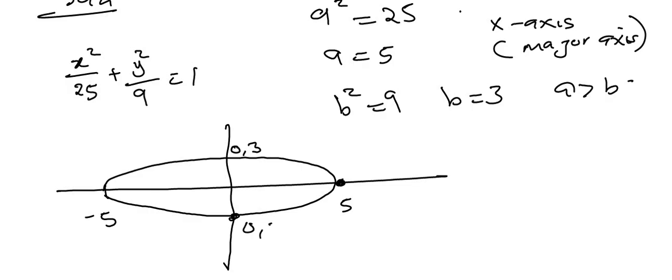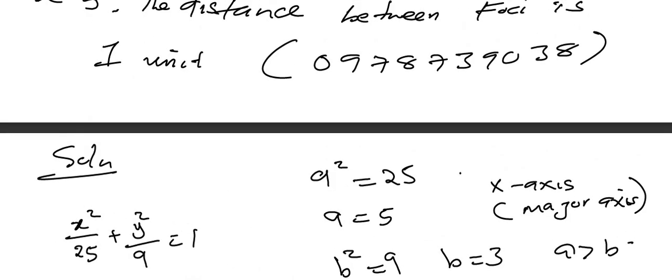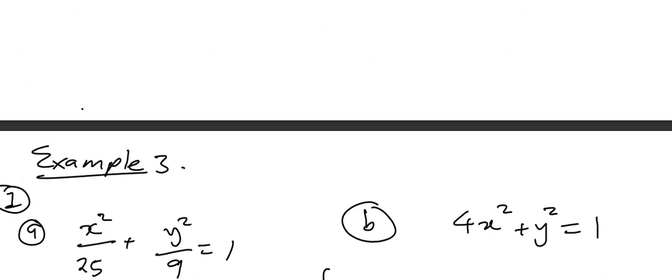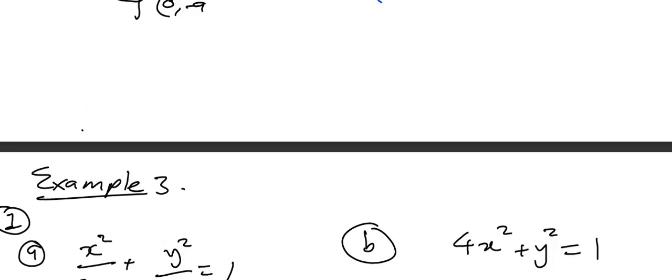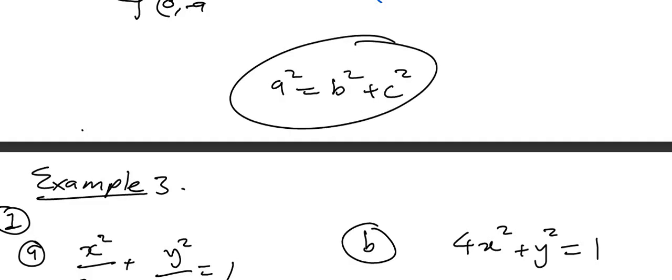Then I should have mentioned there should be a formula that we use to get our foci. So here, I should have mentioned that on all these two cases that we are having, there's a formula that we need to know, which is that a, being the longest side, a squared is equal to b squared plus c squared, because we need c for the foci.